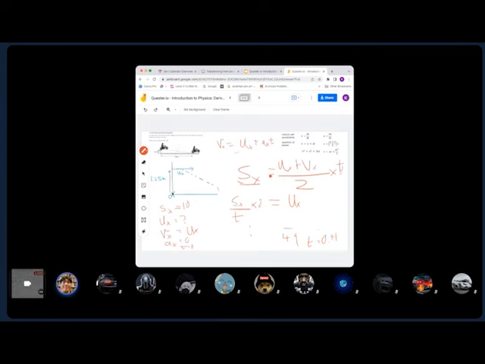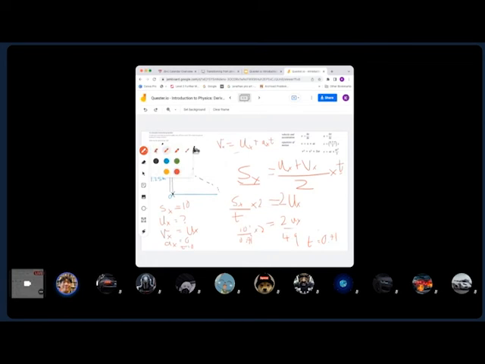It's just going to be 2ux, if that makes sense. I've got 2 on both sides, so I just cancel these out.